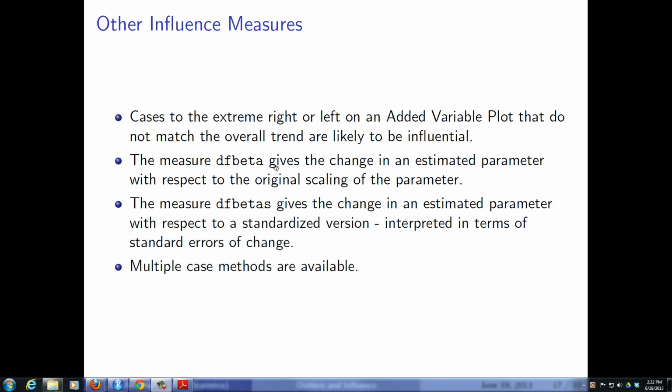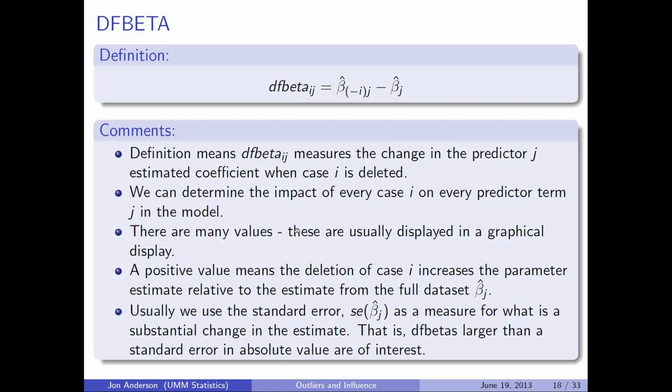Another way is to measure influence through the concept of a DFBETA or DFBETAS, and we'll talk about those in a moment. First of all, the idea of a DFBETA.